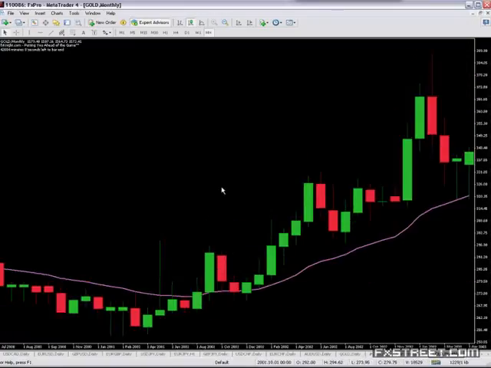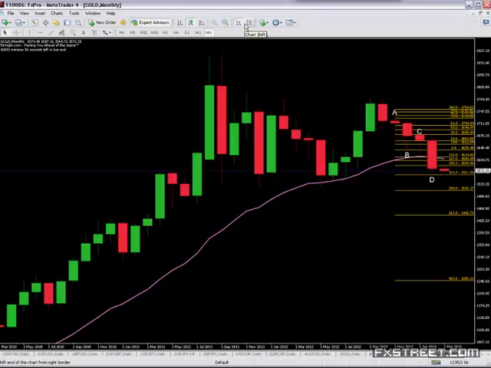Look at this. October 2001 was the last time we were below the 21, the monthly 21. So people are wondering, should I sell all the gold I have? That depends.